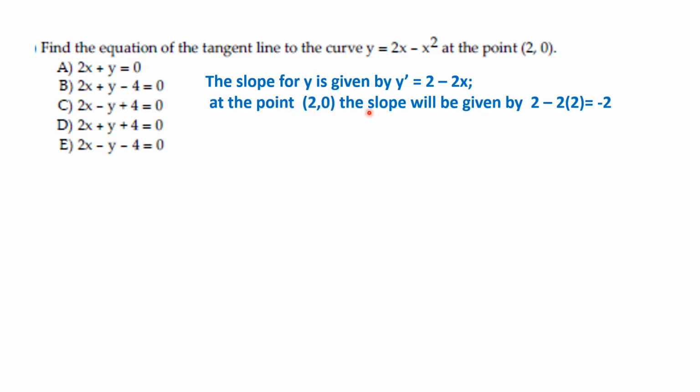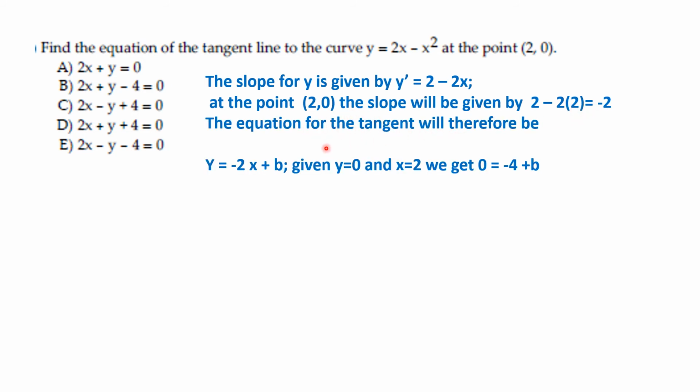Then the slope will be given by 2 minus, and instead of 2x we'll put 2 times 2. So 2 minus 2 times 2 will give us 2 minus 4, which is equal to negative 2. The equation of the tangent will be given by y equal to the slope multiplied by x plus b. The slope is negative 2. So y equal to negative 2 multiplied by x plus b.